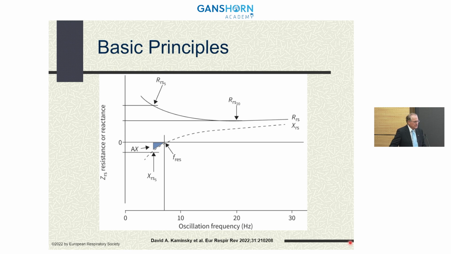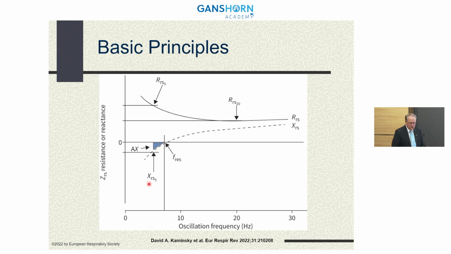My colleague David Kaminsky did a review article looking at the clinical significance and applications of respiratory oscillometry. I would highly recommend it as something that you read and look up. Published in ER Review in 2022. And here he describes some of these very basic principles, such as the resistance of the respiratory system at 5 hertz and 20 hertz.